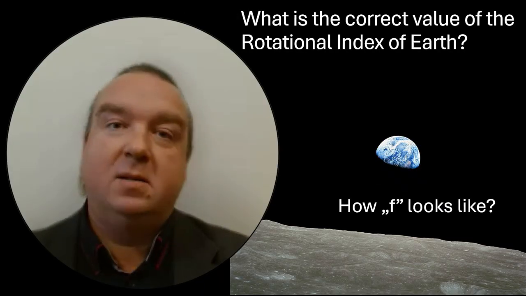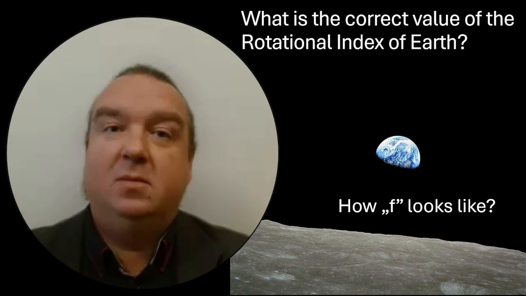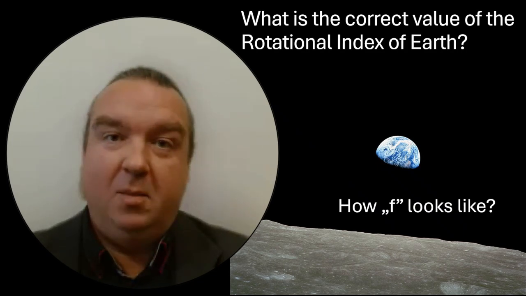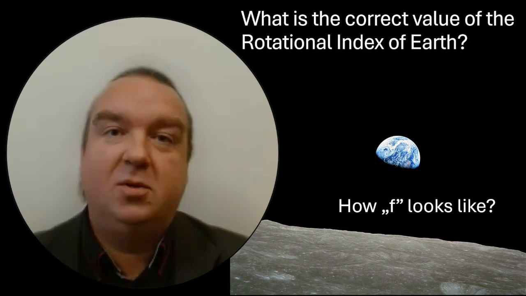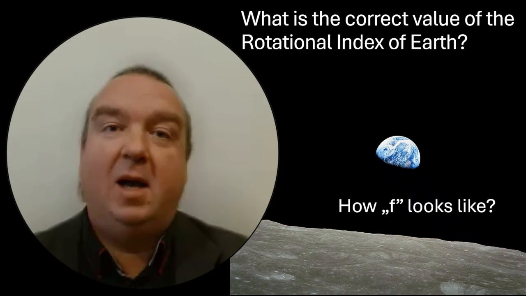So we can raise a lot of questions, especially what is the correct value of the rotational index of Earth, how that unknown f function looks like, and where is the performance of the reflected light.